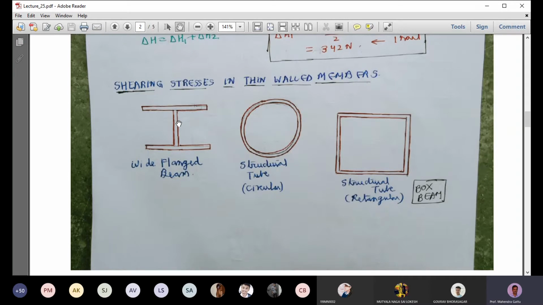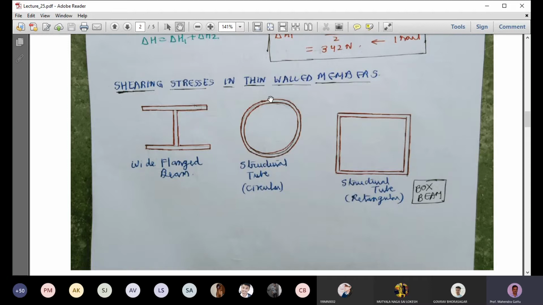So we can do our analysis for this. We can find the horizontal shear coming in this flange. We have already calculated the vertical shear, which will act in the downward direction. That is the tau xy component. And we can calculate the horizontal shear, in this direction and this direction. How to calculate it? We can apply that formula and get it.